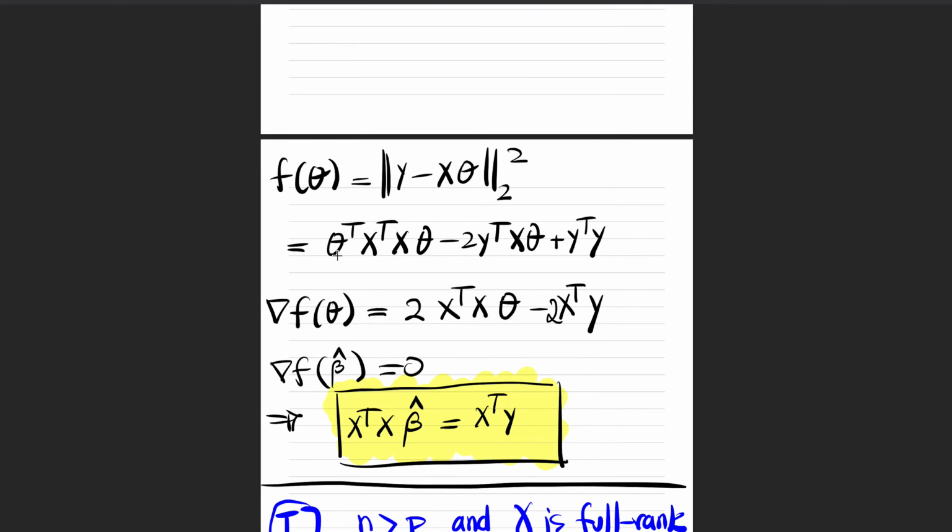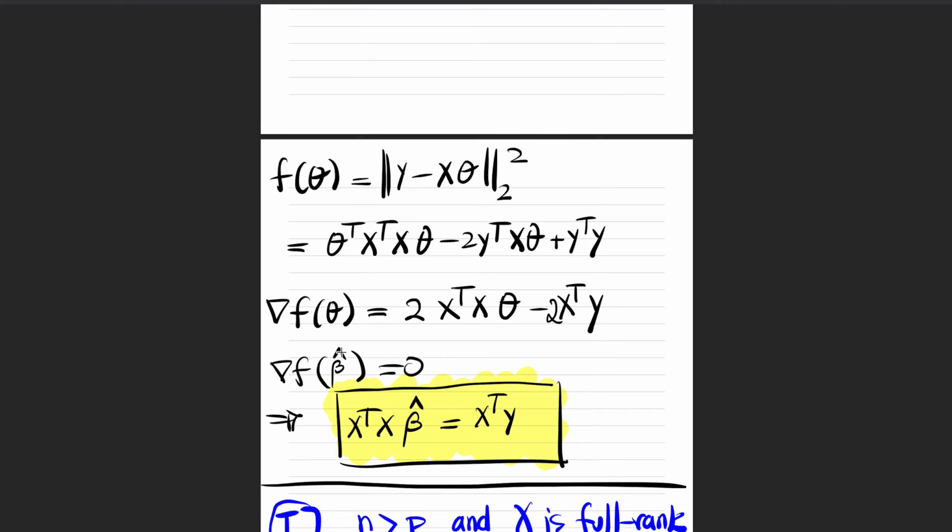But essentially, here we have a quadratic term, and this will end up being 2 x transpose x theta. Here we have a linear term because it only depends on theta, and if you take the derivative, you will end up with y transpose x, the row vector, so the column vector will become x transpose y. And this is a constant with respect to theta, so the derivative will be 0.